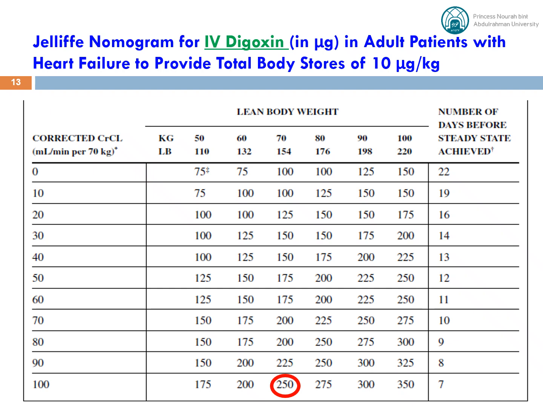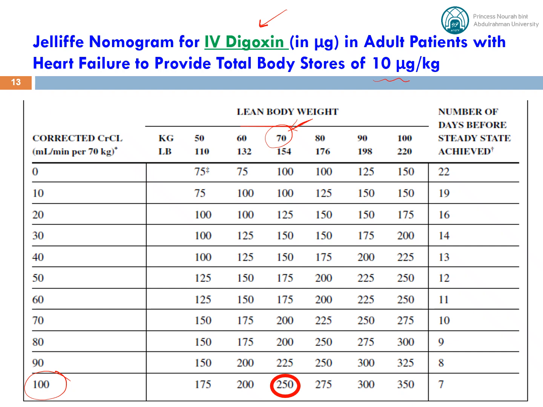In the question, it hasn't been mentioned that the patient has any kidney dysfunction. But it has been mentioned that the patient has 70 kilogram body weight. So assuming that the corrected creatinine clearance is 100 milliliter per minute, and look at this, it is the nomogram for IV digoxin.